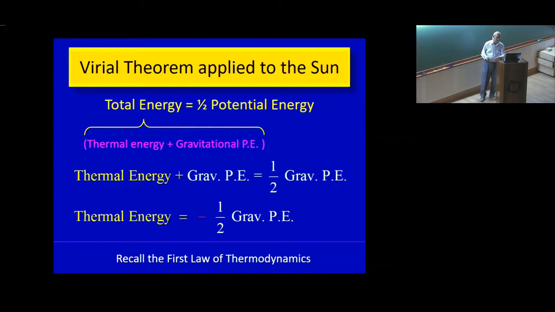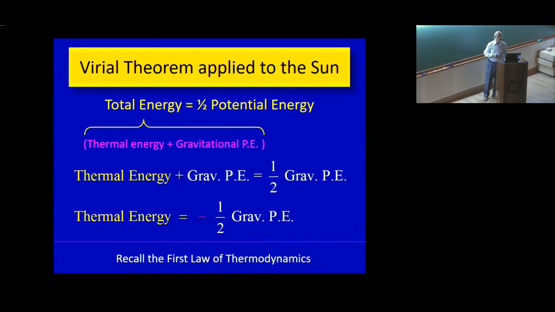Now let us take the gravitational energy on the left-hand side to the right-hand side, and then we simplify the equation to read: the thermal energy of the sun is equal to minus 1/2 the gravitational potential energy. It's a good thing there is a minus sign there, because the gravitational potential energy itself is negative, and therefore the right-hand side is in fact a positive number. Therefore, the Virial Theorem says that the thermal energy of the sun is equal to 1/2 the magnitude of the gravitational potential energy.